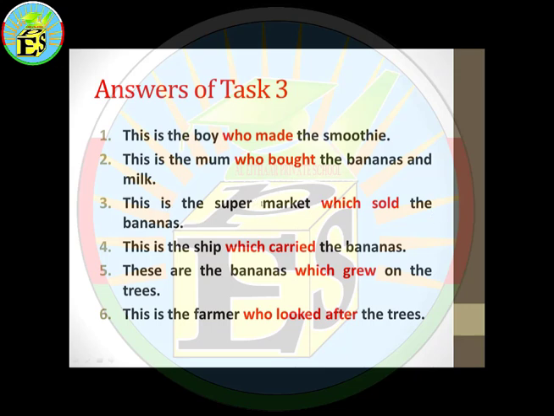Supermarket must be as one whole word. Number 4, this is the ship which carried the bananas. Number 5, these are the bananas which grew on the trees. And the last sentence is, this is the farmer who looked after the trees.